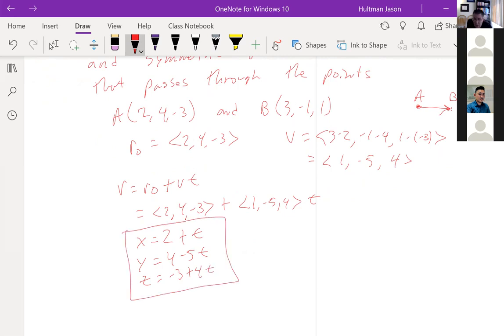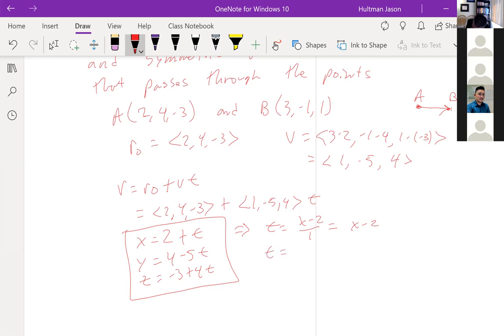Now let's solve for t and get our symmetric equations. For this one, t is going to be equal to x minus 2, and I'm going to put it over 1 just for right now. You don't have to put it over 1, but I just want to make sure it's in the same format.